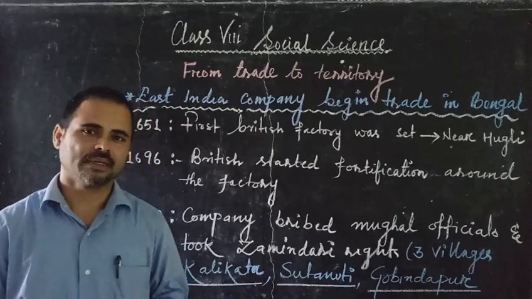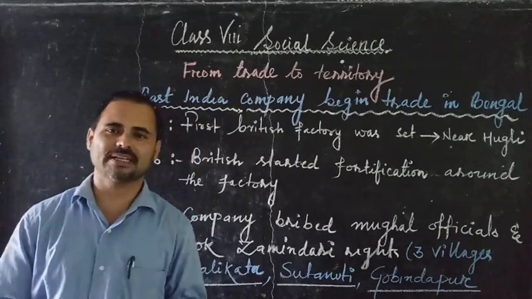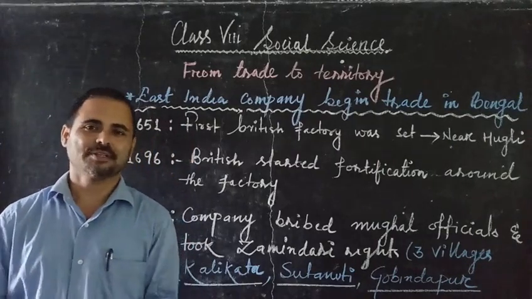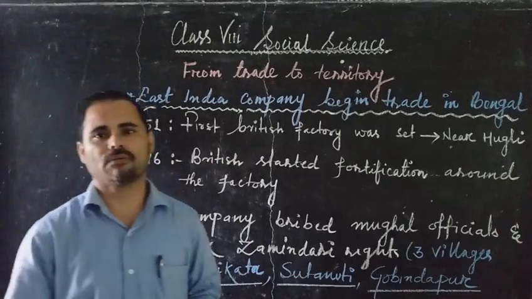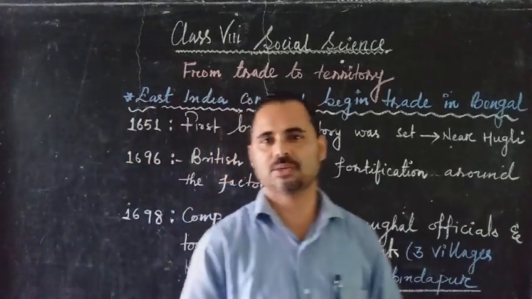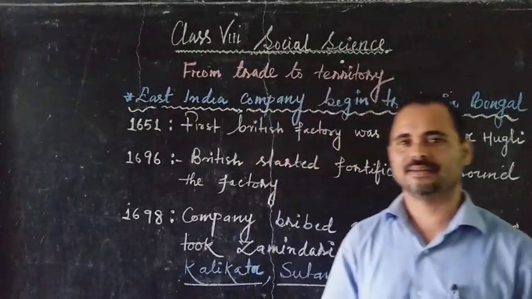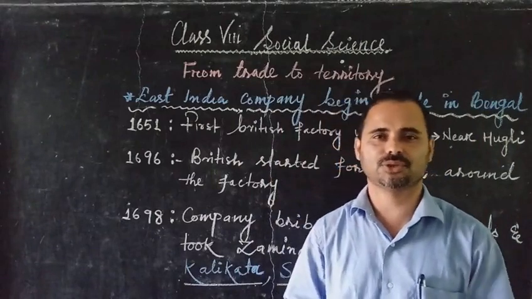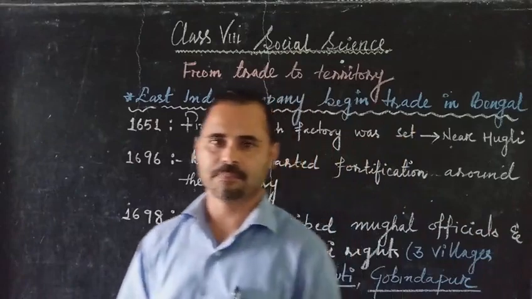He failed to do that. Taking this advantage, Bengal also declared itself an independent princely state. And Bengal was ruled by three very well-known Nawabs, right from Murshid Quli Khan, who was succeeded by Alivardi Khan, and Alivardi Khan was succeeded by Sirajuddaulah. These were the three powerful Nawabs of Bengal.